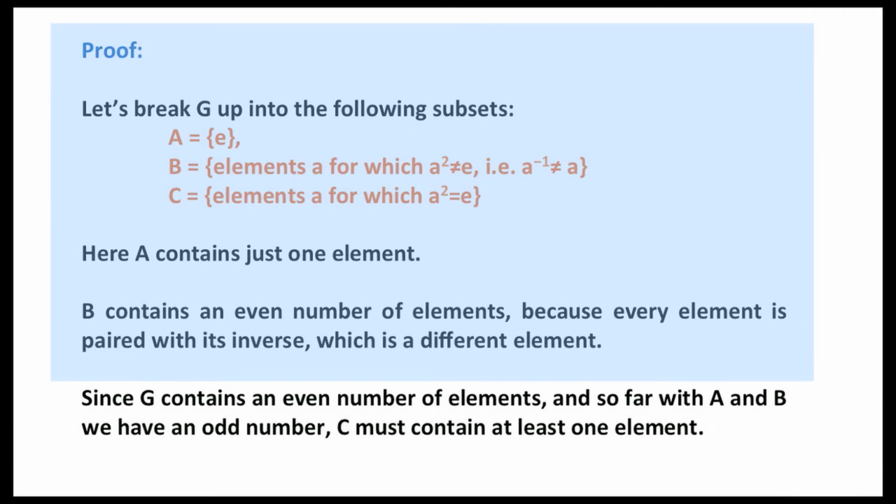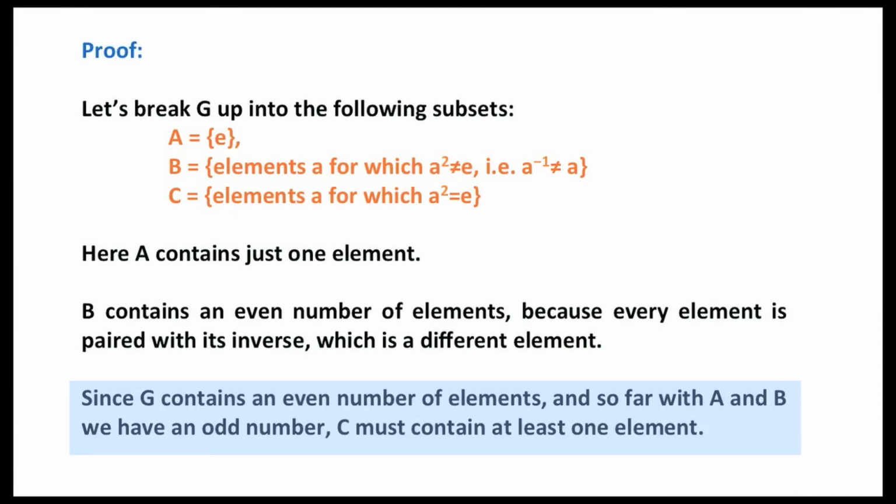C is equivalent to the elements a for which a² is equivalent to e. Here A contains just one element, B contains an even number of elements because every element is paired with its inverse, which is a different element.